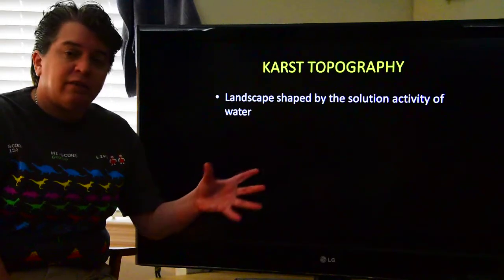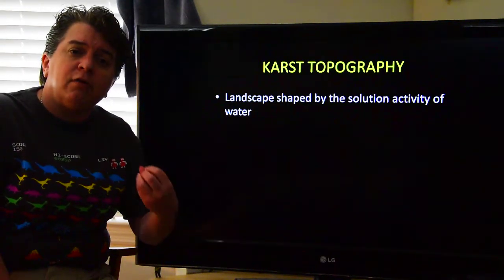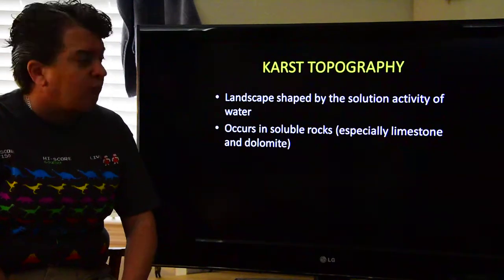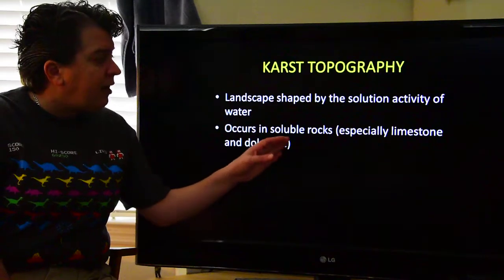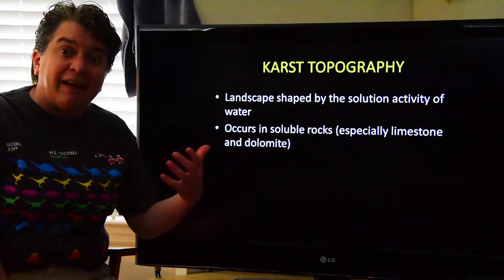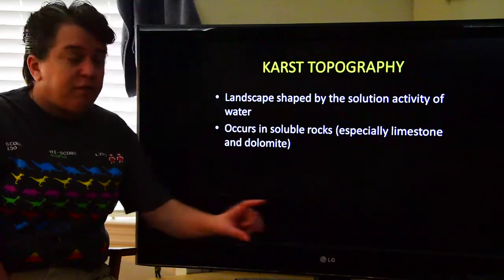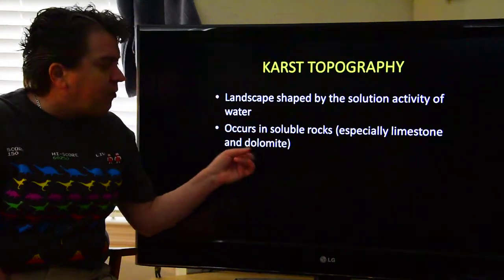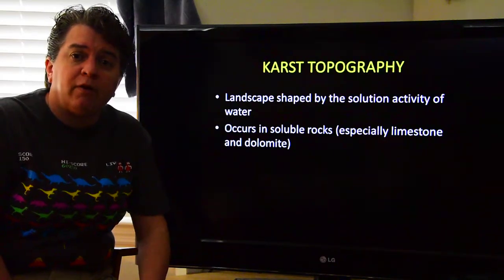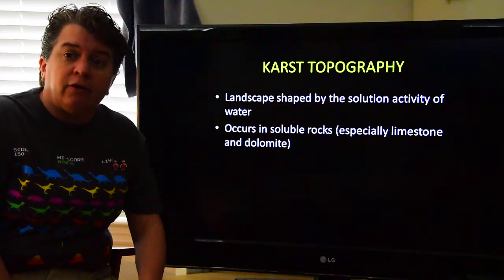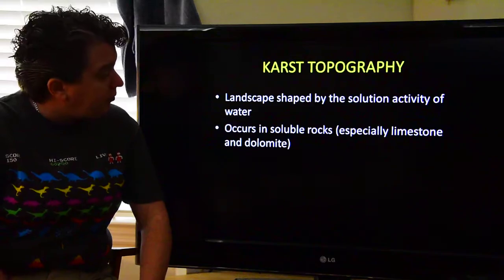Solution activity means the groundwater is dissolving away the rock. And this can only occur in soluble rocks, rocks that can be dissolved. This is pretty much limestone and dolomite, although you will see some of this also in places where you have halite underground and gypsum underground.